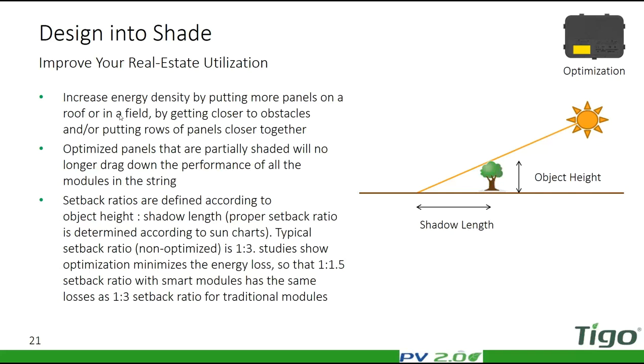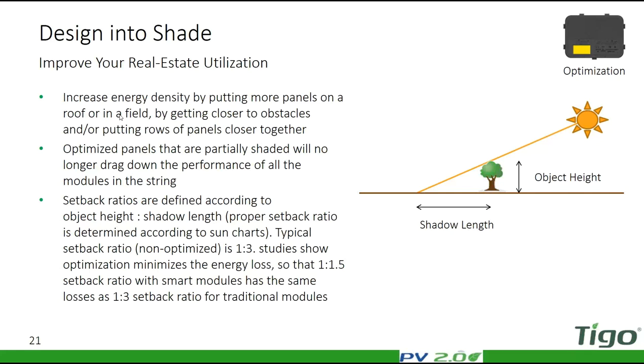So in a traditional system or standard PV system that has no optimization capabilities, if you have one shaded module, that's basically enough to damage and reduce the performance of the entire string, and in some cases of the entire array. What optimizers do is they mitigate that loss only to the specific panel.